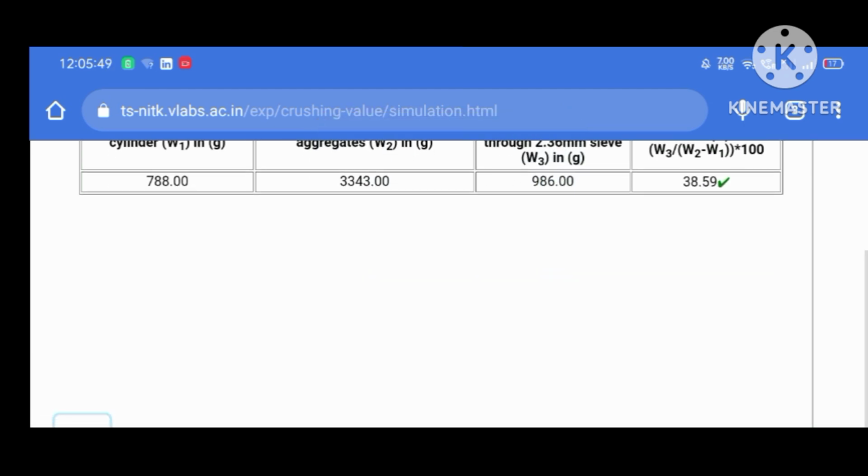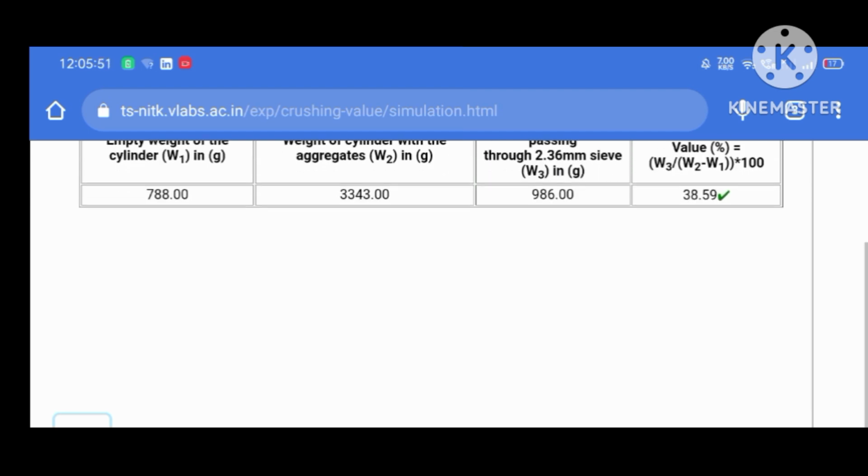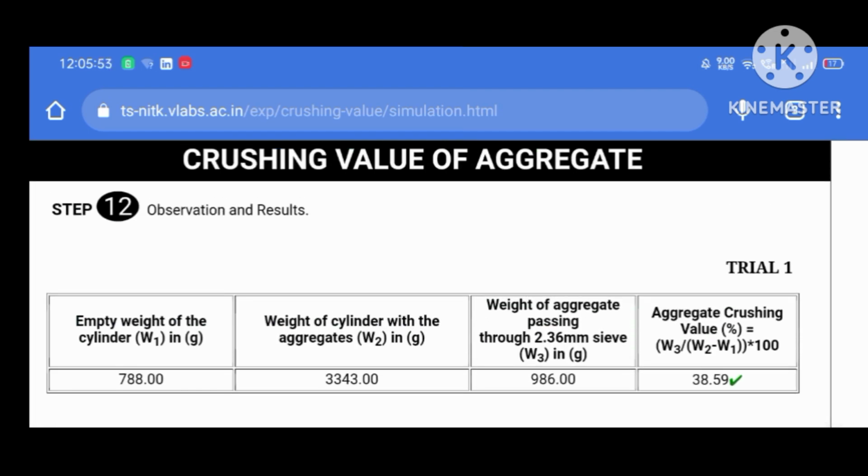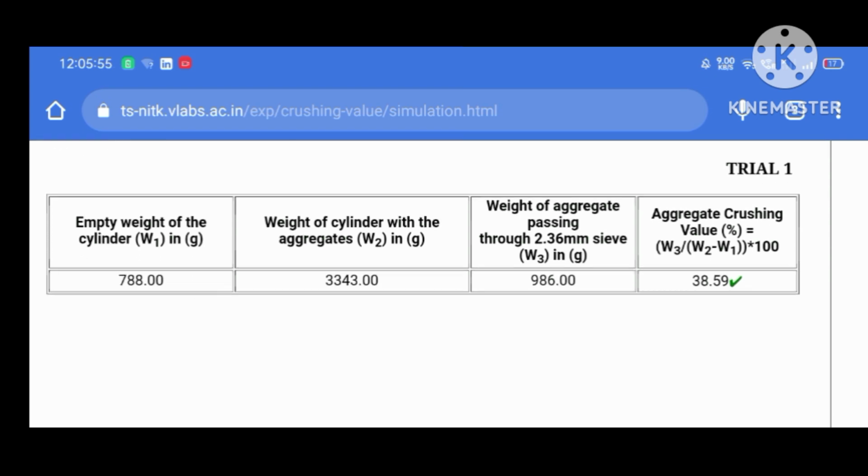Okay, it is correct. Now we have completed our trial number 1, observation and results. Similarly, we should proceed for trial number 2, which I am not going to show again in this video. We will have the result directly.